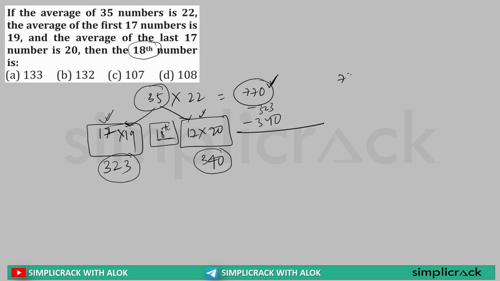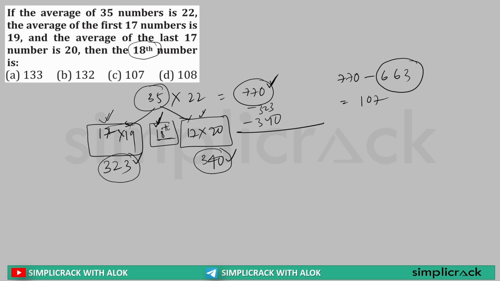Now understand this. The total value of the 35 numbers is 770. Out of this, the first is 323, the second 17 is 340. Now 770 minus, I am taking out both the numbers, so the total of these numbers is what? Sir, 3 plus 3 is 6, 4 plus 2 is 6, 3 out there, so it is 663. I am taking out this number because I have to find the 18th number. So sir, 770 minus 663 is equal to 107.